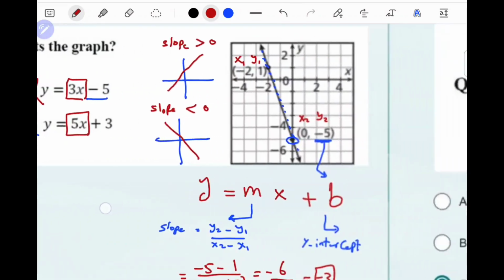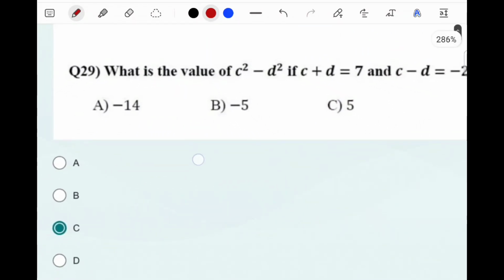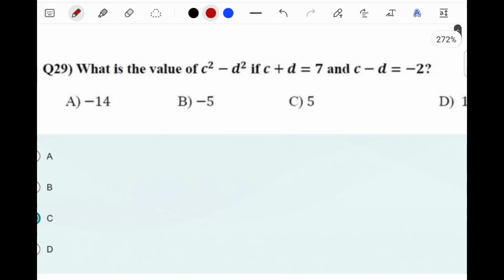Now let's move to the second question. It says, what is the value of c squared minus d squared if c plus d equals 7 and c minus d equals -2? This is a straightforward question, and you need to remember this property, the difference of squares. c squared minus d squared can always be factored as c minus d times c plus d.